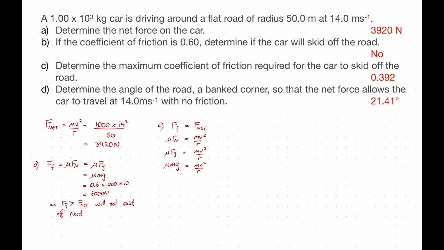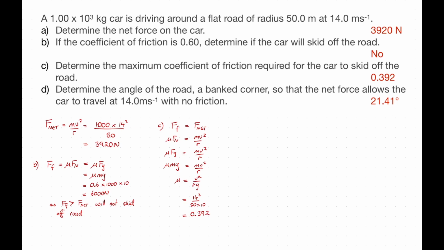to be equal to mv squared on r. Mass is going to cancel in this situation, so we're ending up with our coefficient of friction equal to v squared on rg, which would then be 14 squared on our radius of 50 times by 10 for our gravitational constant. This number comes out to be 0.392.